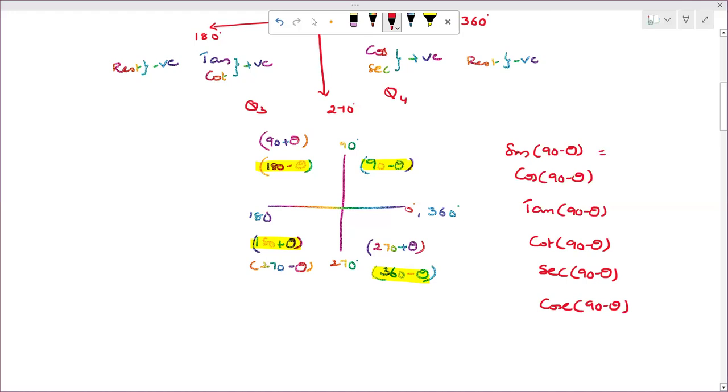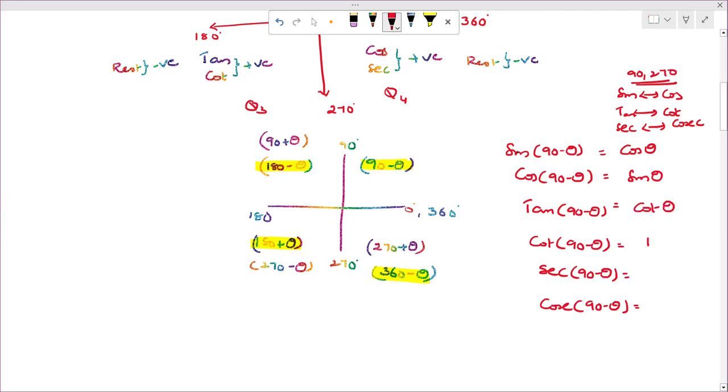Okay, so see here, whenever 90 to 270 we are getting in the expression, sine changes to cos, cos changes to sine, tan changes to cot, cot changes to tan, secant changes to cosecant, cosecant changes to secant. You remember this one, whenever 90 to 270 is there in the expression. So sine 90 minus theta is cos theta, cos 90 minus theta is sine theta, tan 90 minus theta is cot theta, cot 90 minus theta is tan theta, secant 90 minus theta is cosecant theta.